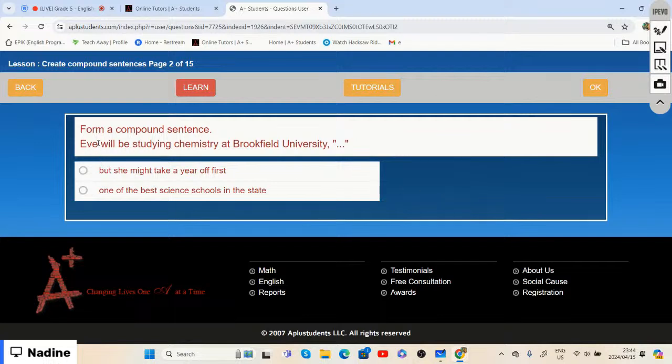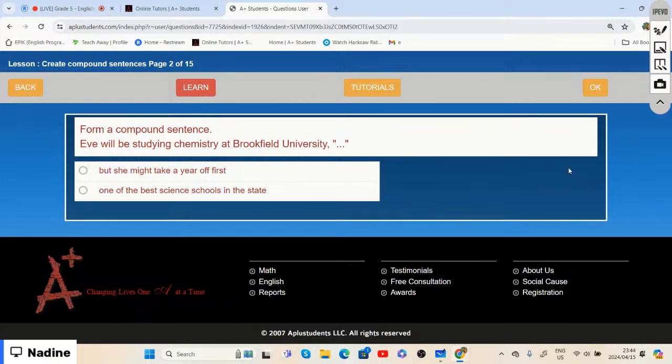All right. We need to form a compound sentence. Eve will be studying chemistry at Brooklyn University. Do we say, but she might take a year off first? Or Eve will be studying chemistry at Brooklyn University, one of the best science schools in the state?